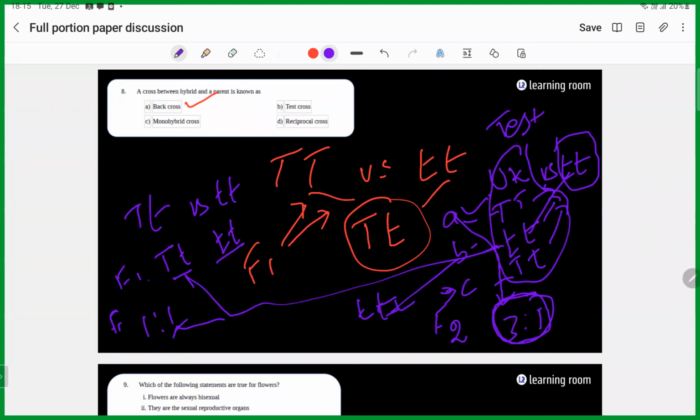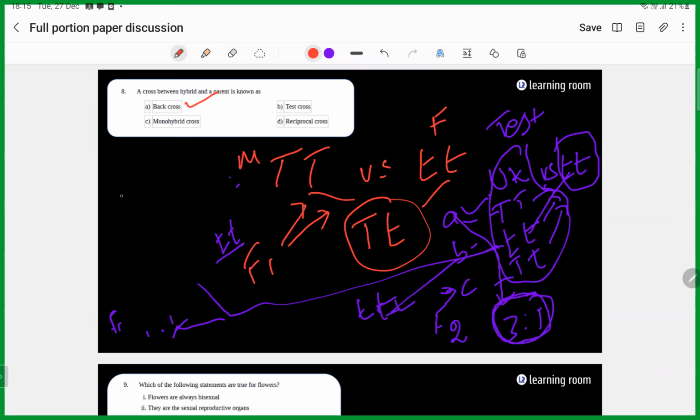Yes, sir. Okay, so test cross, progeny with parents. Monohybrid cross, you know, and then reciprocal cross. What is reciprocal cross? For example, this is the male parent, this is the female parent.